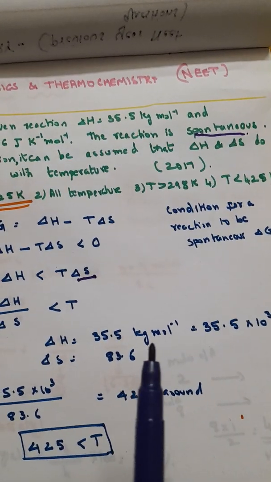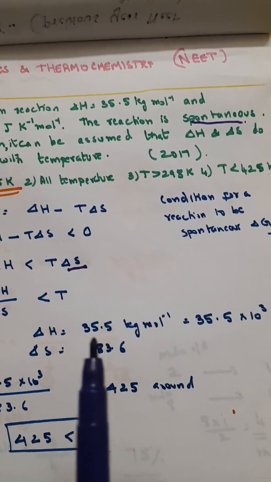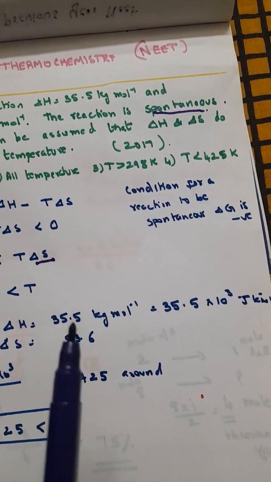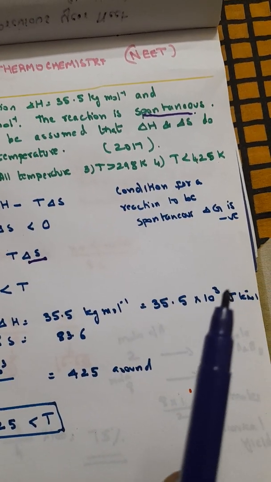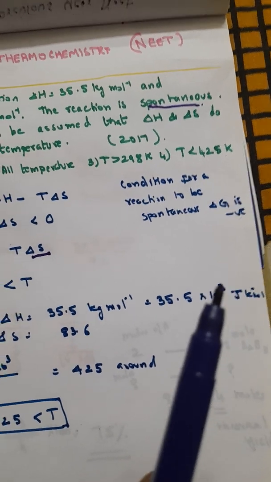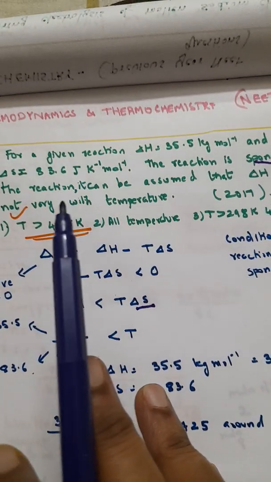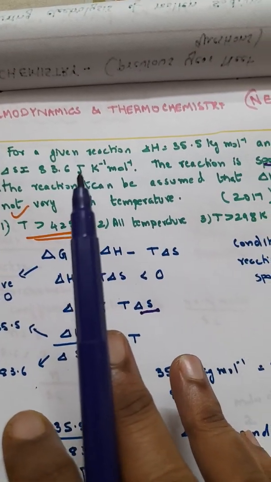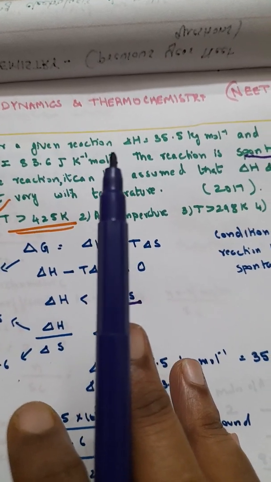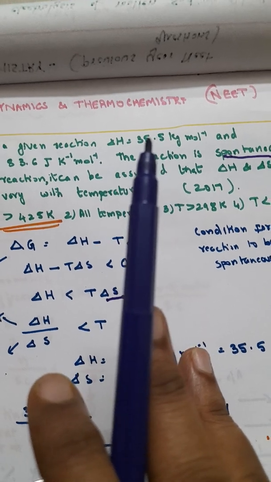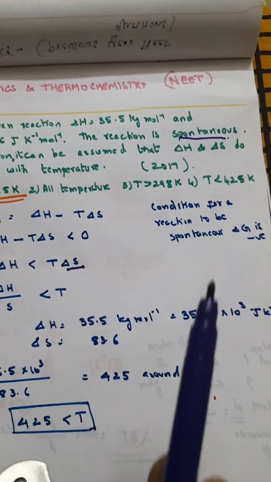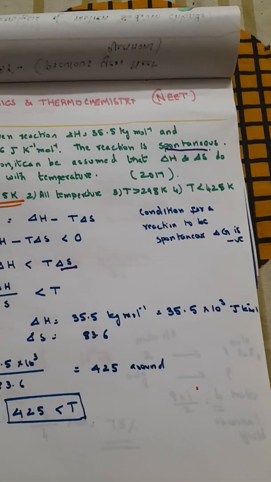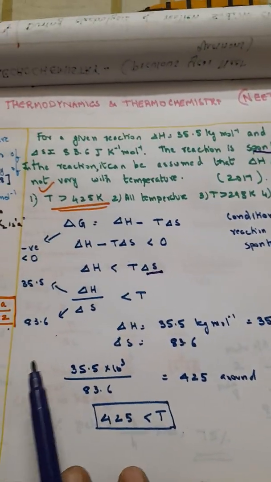Delta H is given as kilojoule per mole, so you have to convert it to joule per mole. So 35.5 into 10 to the power of 3, only then will these two be in the same unit. Delta S is 83.6 joule per K per mole. That is why you multiply the delta H value by 10 to the power of 3. Okay, now it is easy.